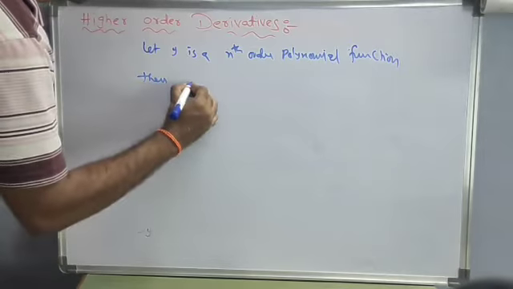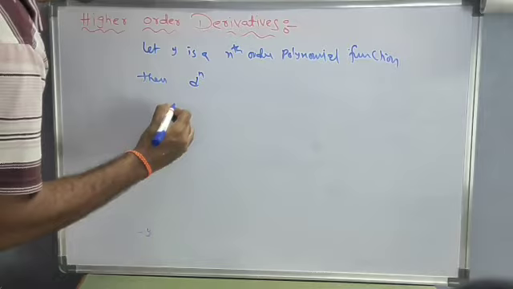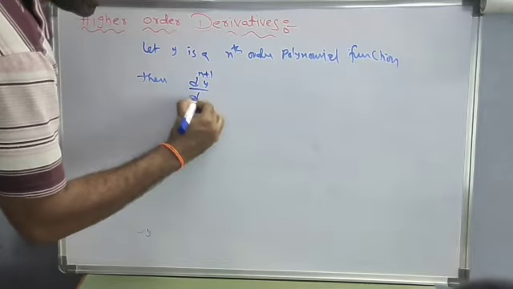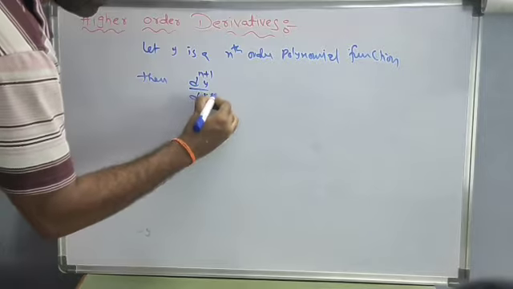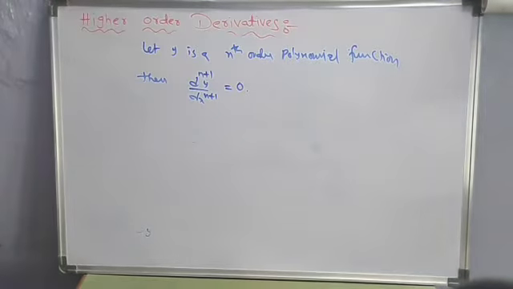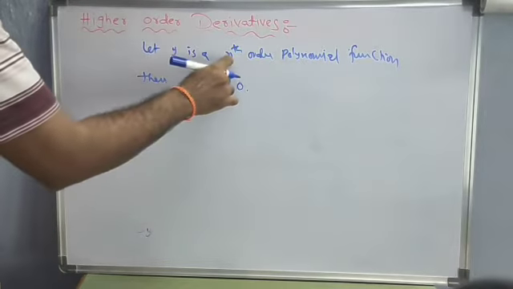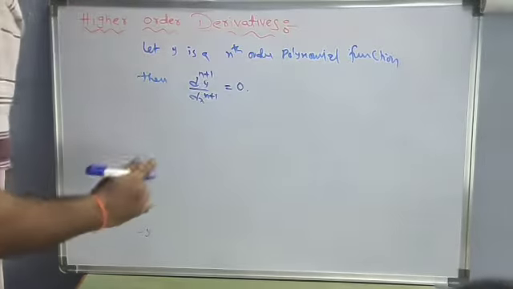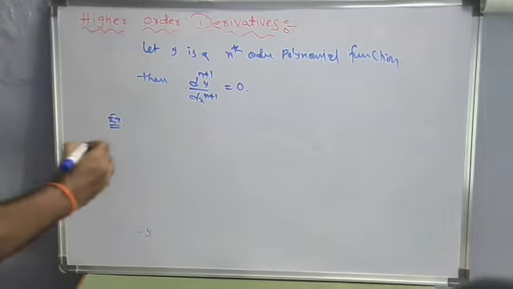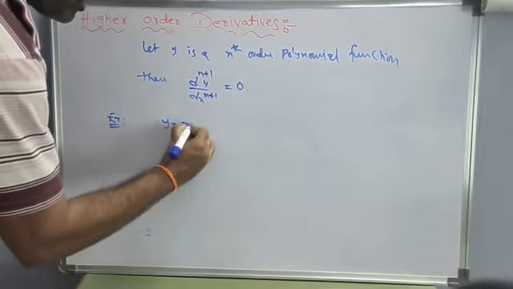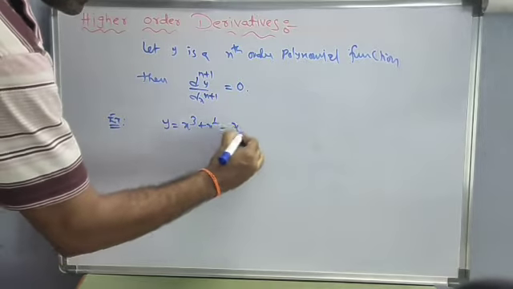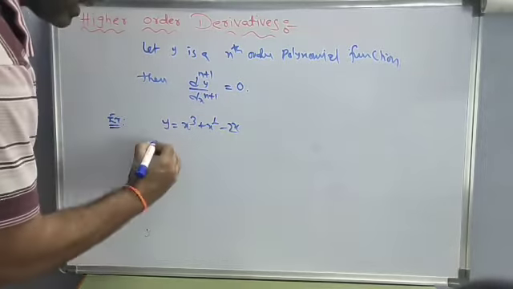Then d to the power of n plus 1 y by dx to the power of n plus 1 compulsorily has value 0. Here n is the order of the polynomial function. I am discussing this concept by one example. Suppose y equal to x cube plus x square minus 2x.